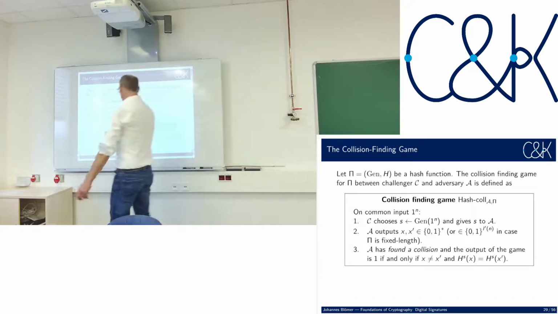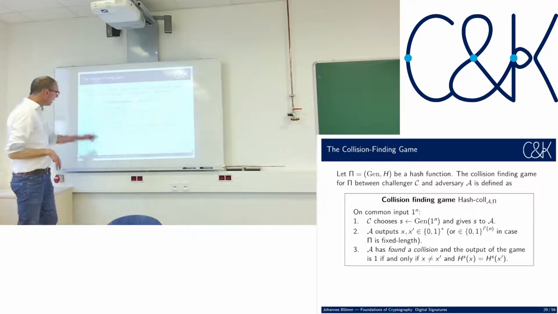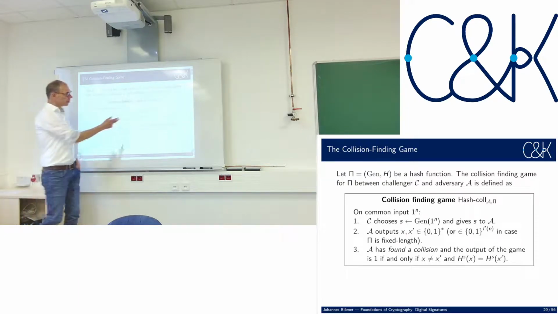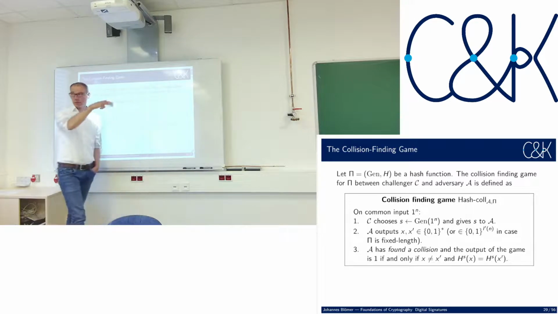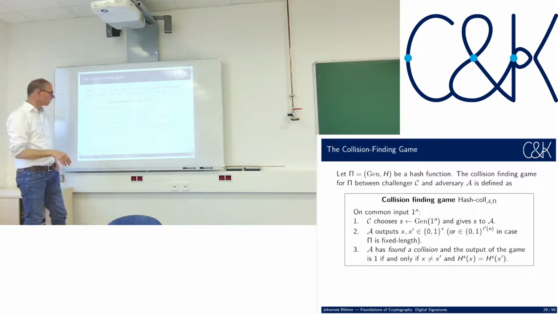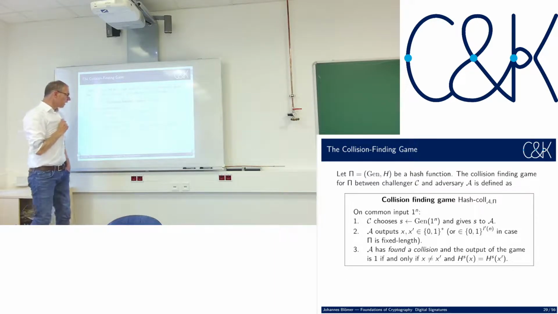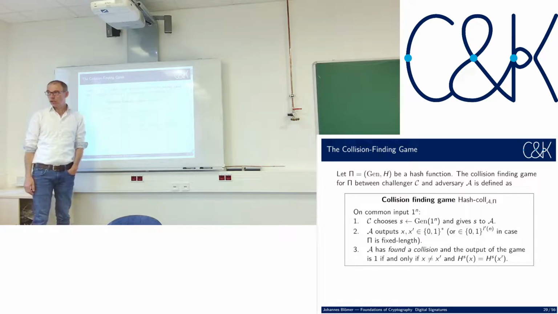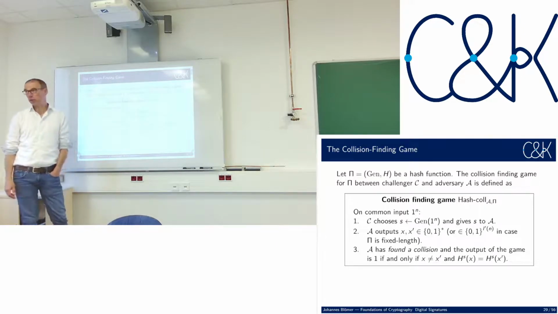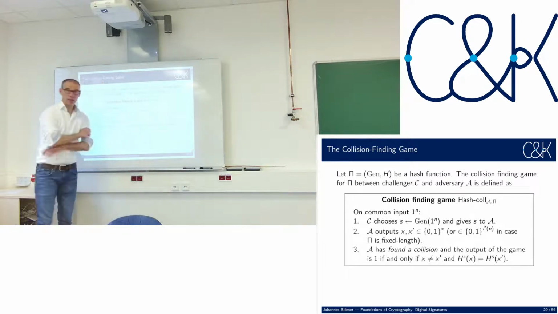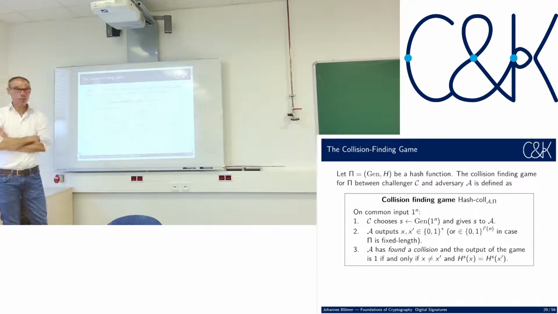And then, given this key, the algorithm A has to find two inputs x, x' in {0,1}* or in {0,1}^ℓ'(n), if it's a fixed length scheme. And it wins the game, or has found a collision, if and only if x is not equal to x', but they hash to the same value. So x is not equal to x', but H^s(x) is equal to H^s(x').